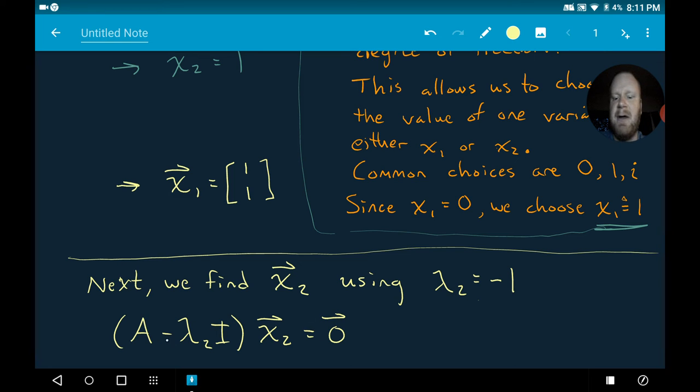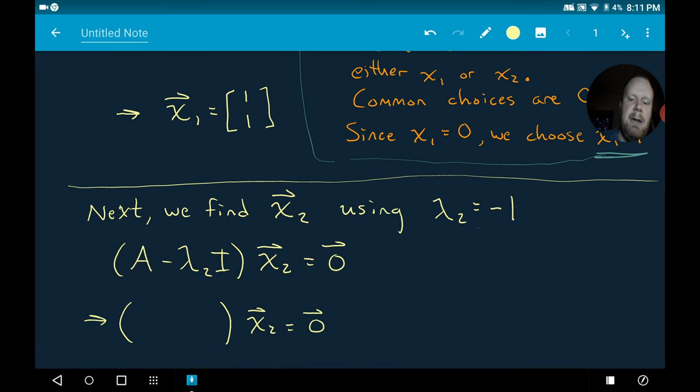This is our eigenvector finding equation, and this is going to mean that, let's see, so we had 1, 2, 2, 1, but this time we have -1 for our eigenvalue, so it's going to be -1 or +1 in this case.